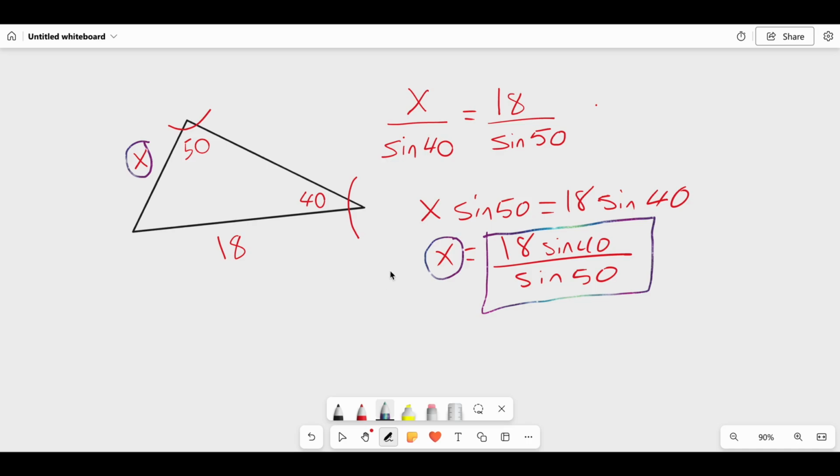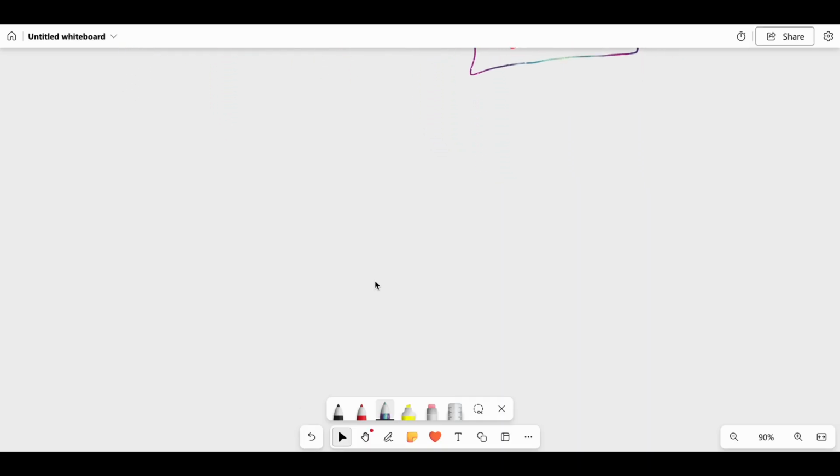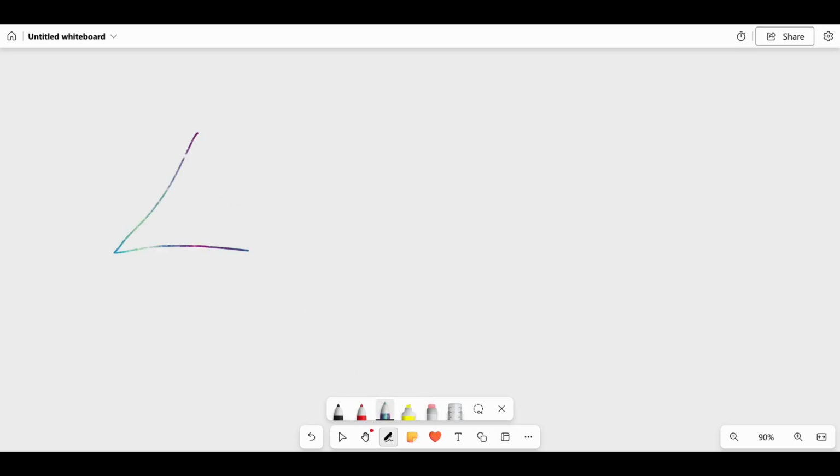Now let's do another example. So we have another triangle. Let's draw another triangle.